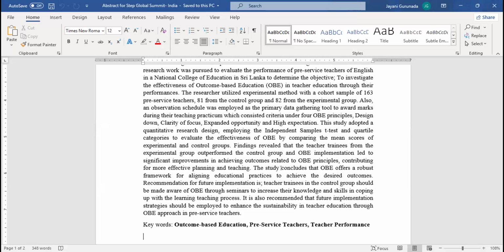abstract, right? Anything you want to get clarified related to abstract? If you have any problem related to abstract, tell me.